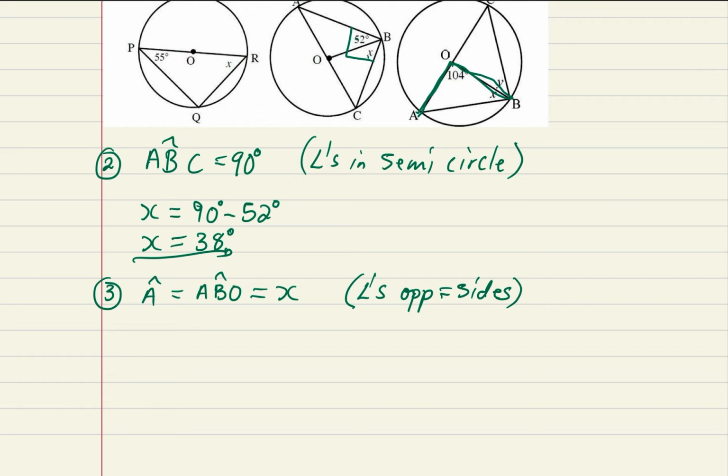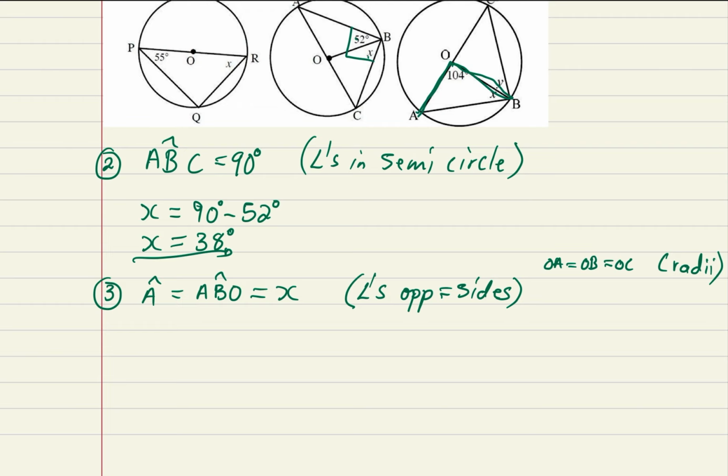Why do we say so? We can list that OA is equal to OB, which is equal to OC. These are radii.